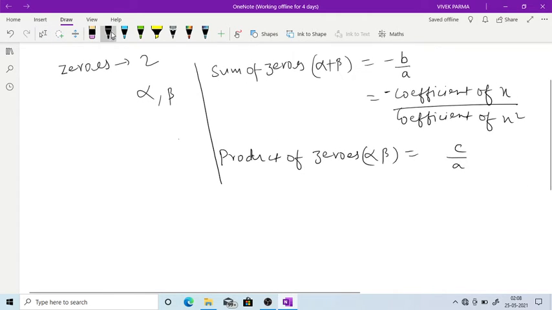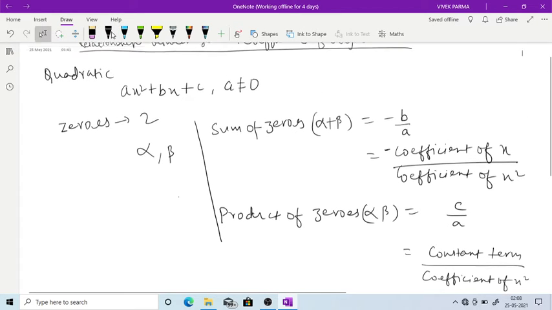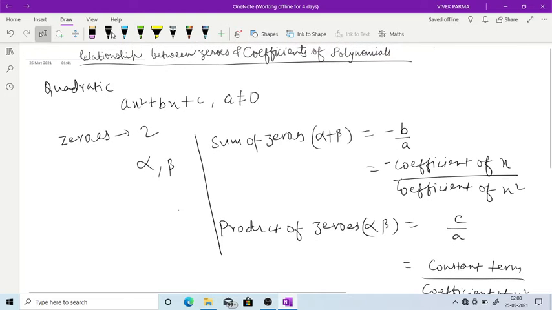The constant term upon the coefficient of x square.